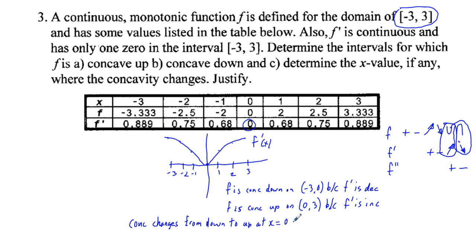And why is that? Because f prime changes from decreasing to increasing at x equals 0. So there's the justification.